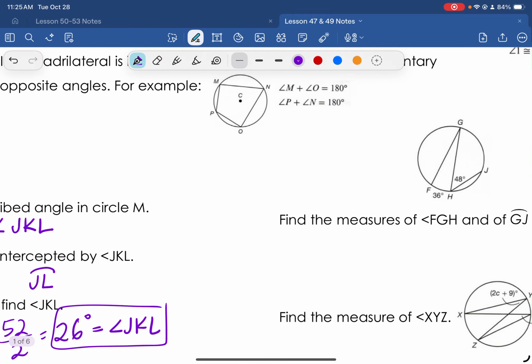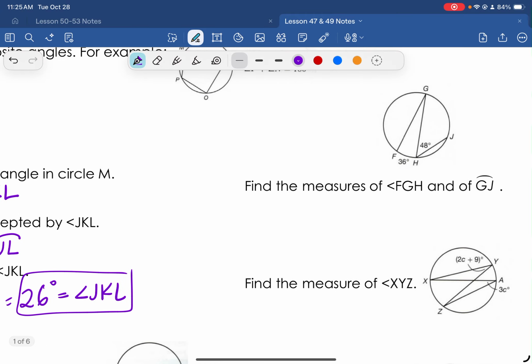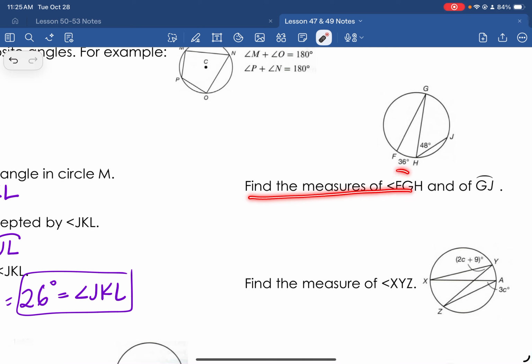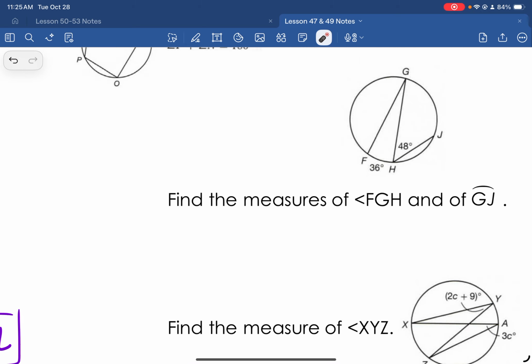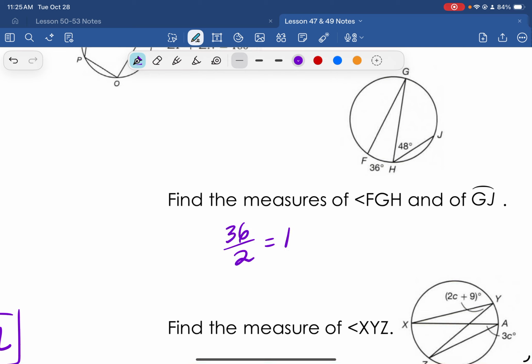All right. Moving on over here, where it says find the measures of both the angle FGH and of arc GJ. So they want us to find both of those. So we're going to look right here at the 36. We need half of that to find angle FGH. So 36 divided by 2 is 18 degrees.